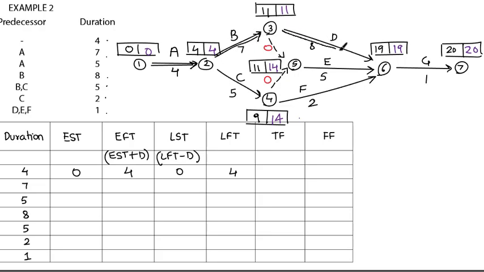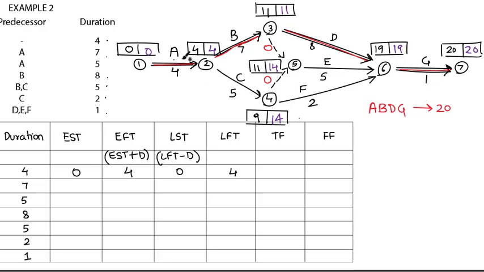So A, B, D and G is the critical path, whose duration is 20 days. Whichever remaining path you choose will have a duration less than 20 days.